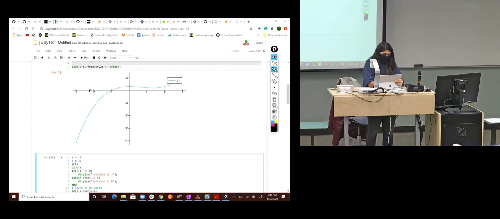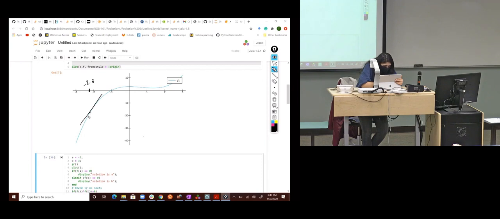So let's say my best guess is minus 2.3, it looks like. So I start from here, and he says, you're going to go in the direction of your gradient. So I look at this, and my slope is this.